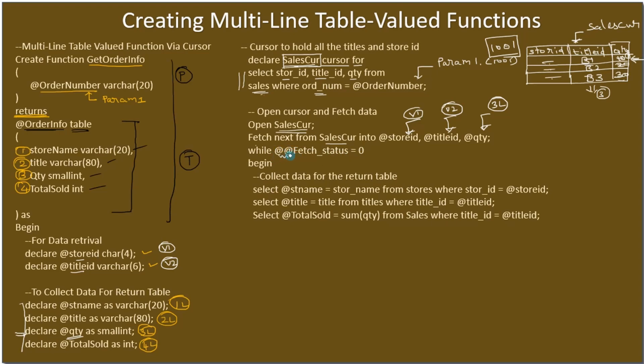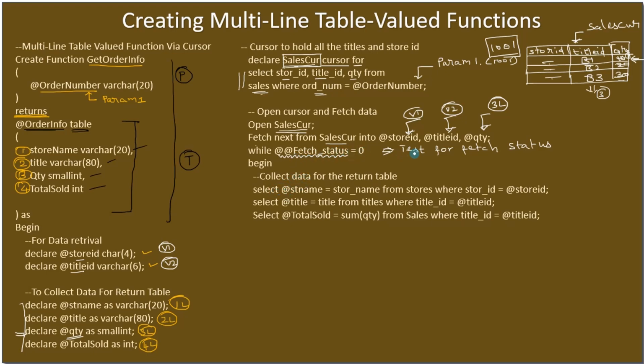This is a special variable to check the status of the last fetch. Since the current record pointer is at a valid record, it will return fetch status as 0. That means fetch status is success. So we are entering inside the begin. So this is the test, right? We are testing the fetch status, and if it is success, we are coming inside.